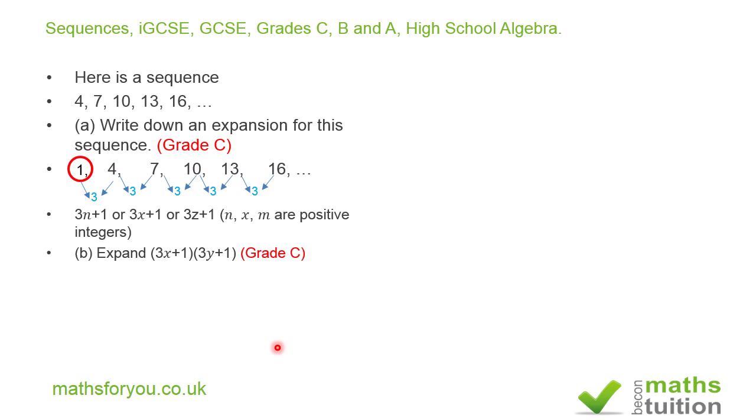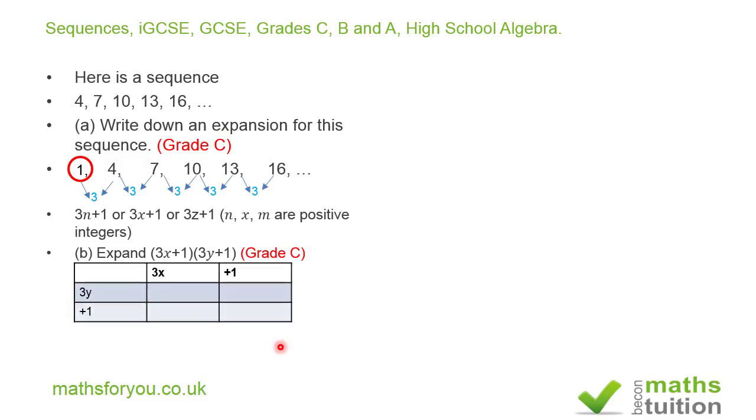And for part B, that says expand 3x plus 1 and multiply by 3y plus 1. Again, this is a grade C type question. And what I usually do is to draw the table because it diminishes the chances of making a mistake. It's not the shortest way, but it makes sense to do it that way for me anyway.